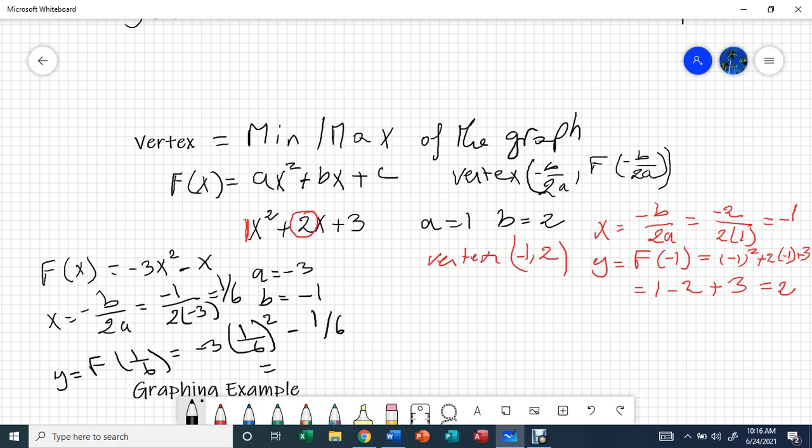So this is negative 3 times 1 over 36 minus 1 over 6. 3 goes into 36 12 times, so that's going to be negative 1/12 minus 1/6.